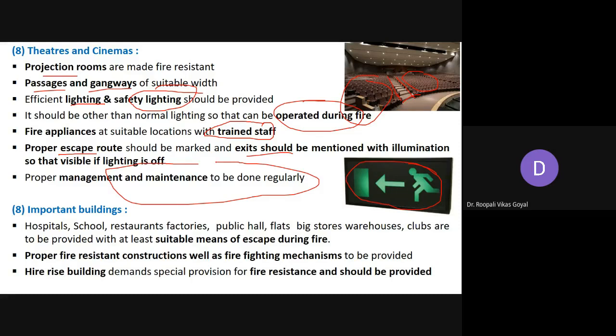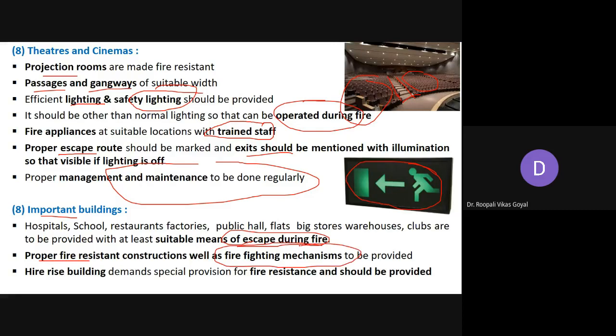Then all other buildings, all important buildings, hospitals, school, restaurant, जो भी हम ज़्यादा लोग यहाँ पे इकट्ठा होते हैं, there should be provided at least suitable means of escape. सबसे important thing, escape. That proper escape route is to be marked, and all constructions should be fire resistant, as well as firefighting mechanism should be provided.